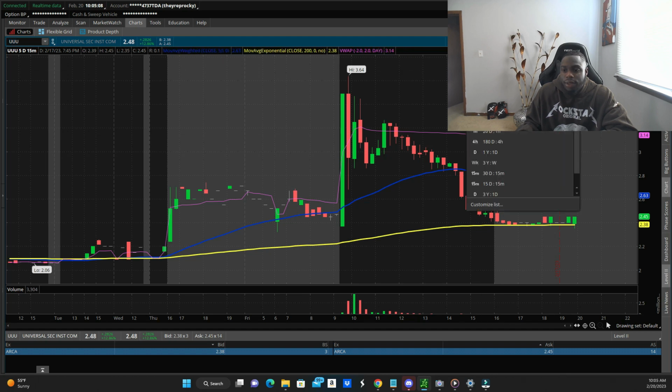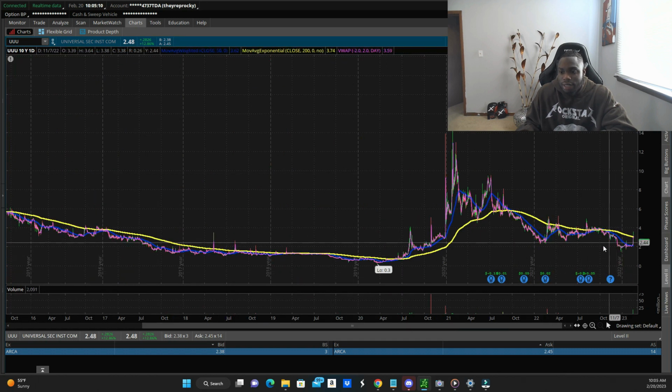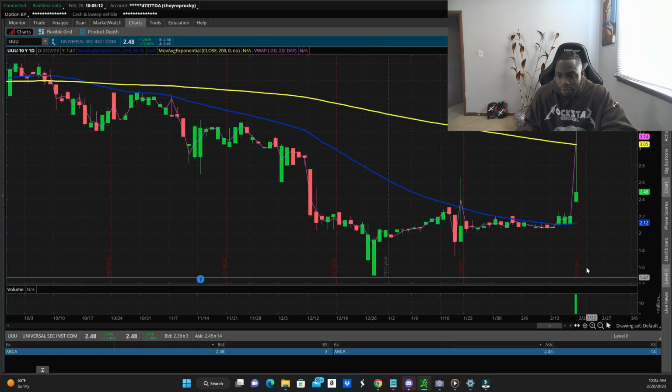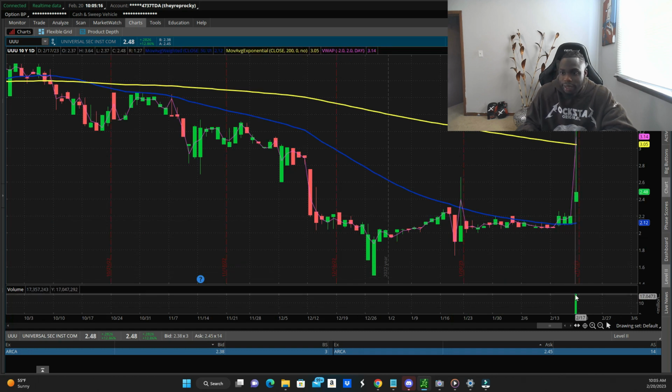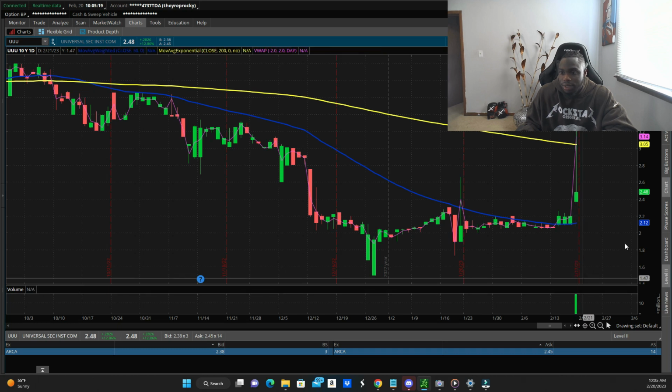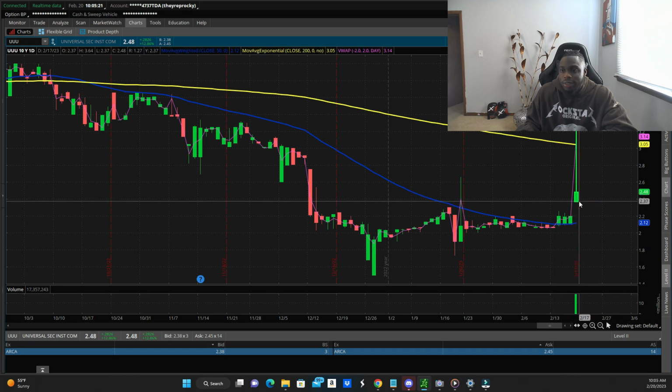And this one, it tried to get running. So I would definitely count this as a first green day since it traded outside its normal range of volume, traded about 17 million, and had massive range from 260 to 37 all the way up to a high of 364.